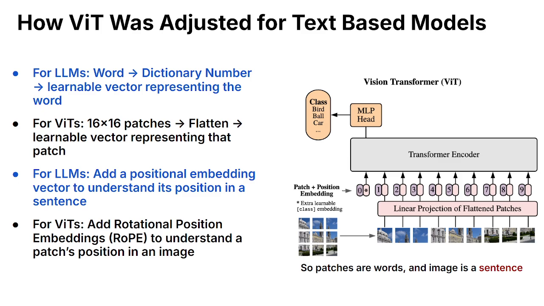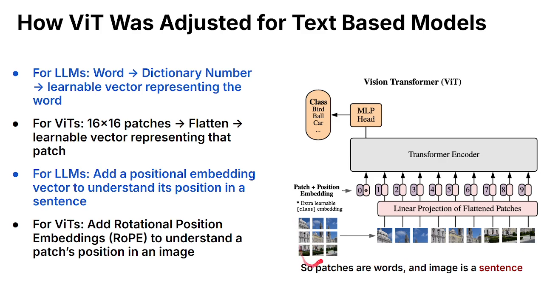For ViTs, understanding the position is a little bit more complicated, and they use fancy things like rotational positional embeddings. If you look at this top left part and the bottom part of this image, in the image they are very close together, but in the linear projection they are pretty far from each other.